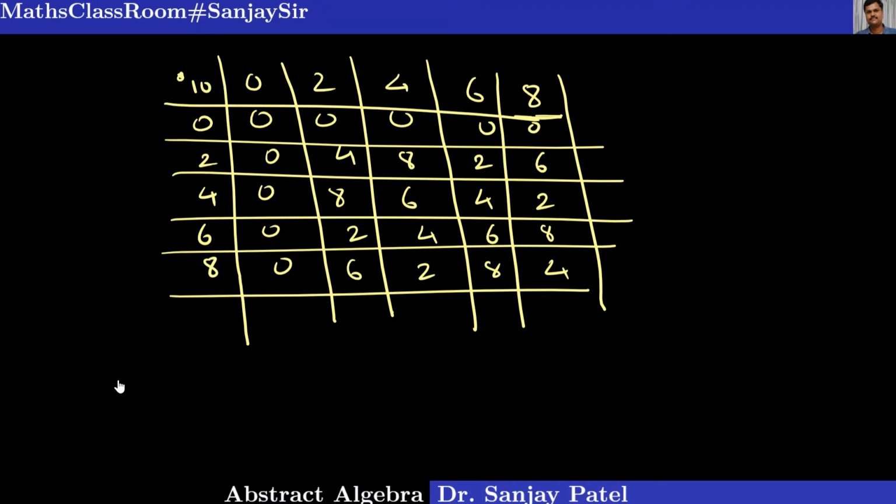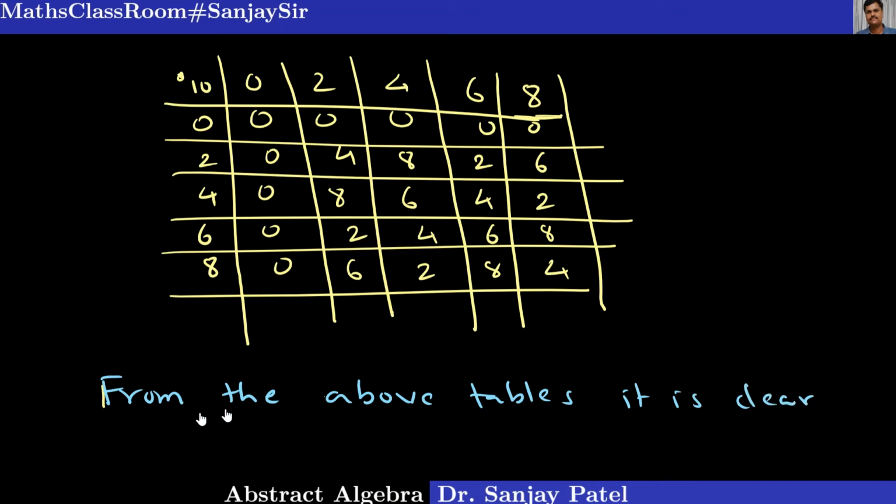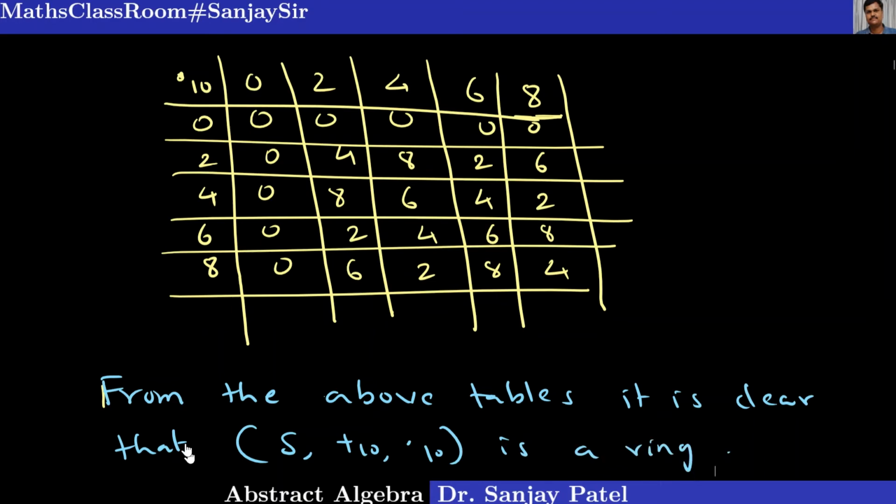So from these two tables, it is clear that the set S with respect to addition modulo 10 and multiplication modulo 10 is a ring, and this is a subset of Z10.